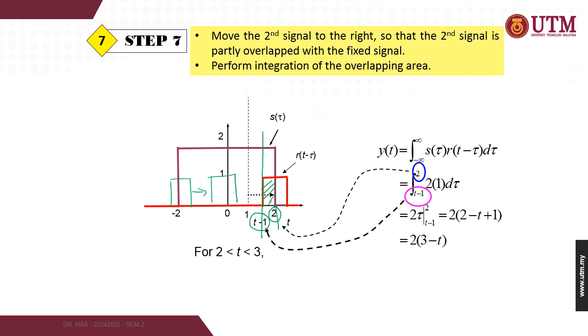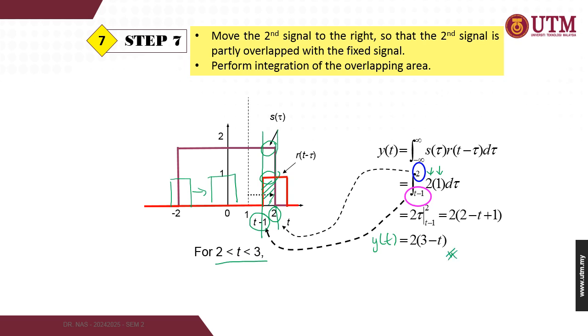So the overlapping area is t minus 1 until 2, and again for s tau it is constant 2, and for r t minus tau it is constant 1. So you perform the integration. For this range, your y t is equal to 3 minus t.